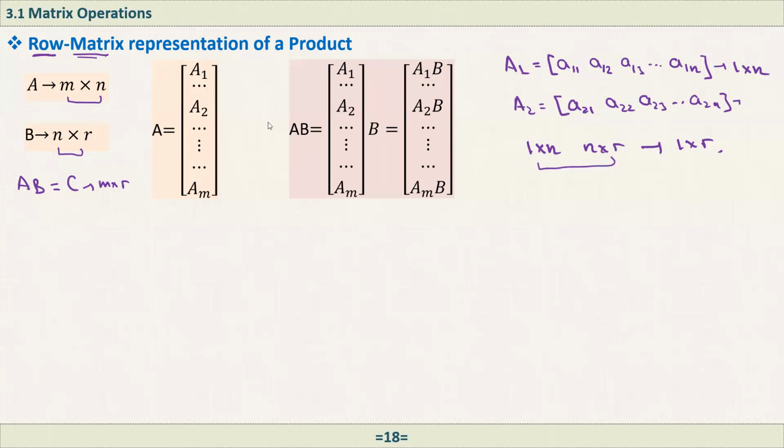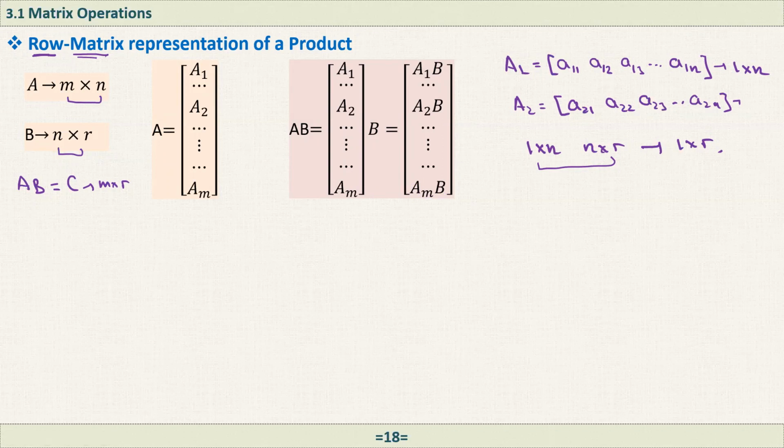So if you write A times B, where A is A1, A2, up to AM partitioned in this way, times matrix B, you should multiply each row matrix by B. Here we have A1 times B, A2 times B, and so on up to AM times B. And this is, once again, another way of multiplying two matrices, a direct consequence of the definition of matrix multiplication.